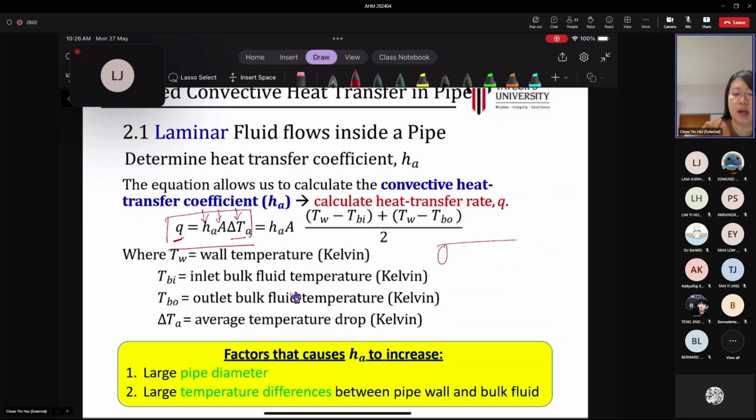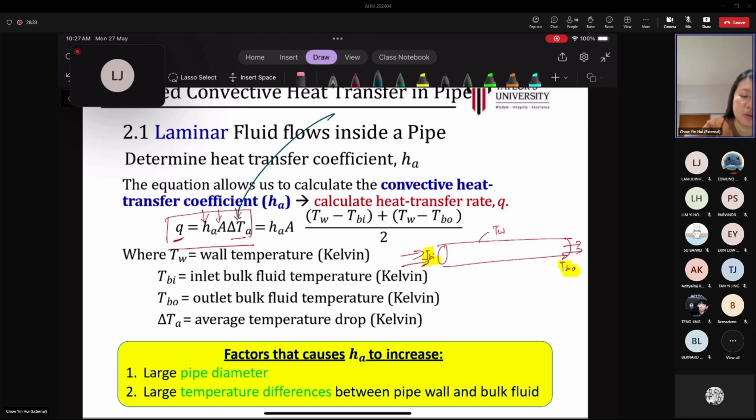Sometimes in fluid flow in a pipe, the fluid enters at temperature T_bi and leaves the pipe at temperature T_bo, but the wall temperature is held at T_w. This means the bulk fluid temperature varies along the pipe.